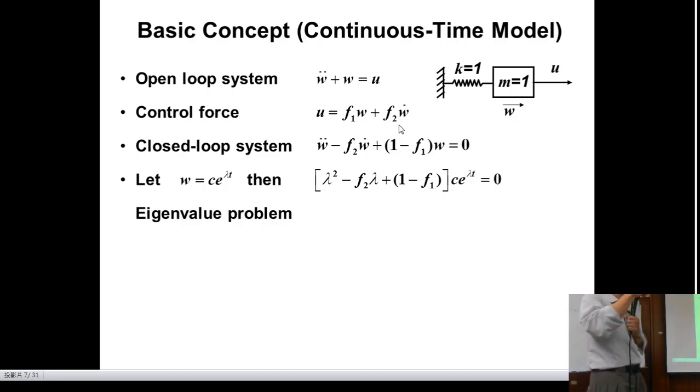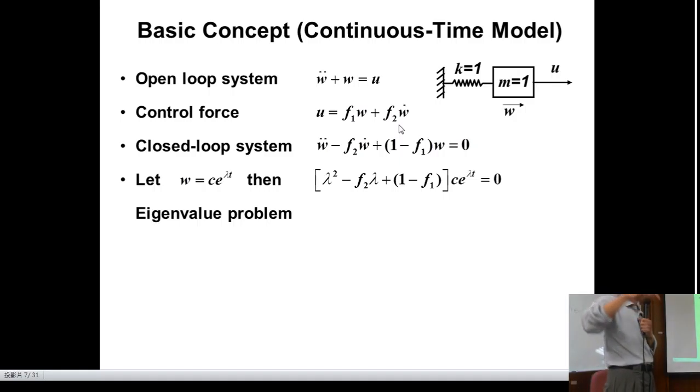Here I assume that we do have a measurement for W and W dot. So I can have F1 times W plus F2 W dot.